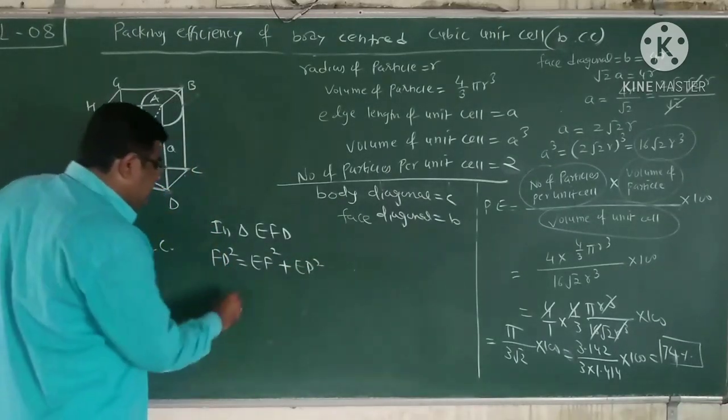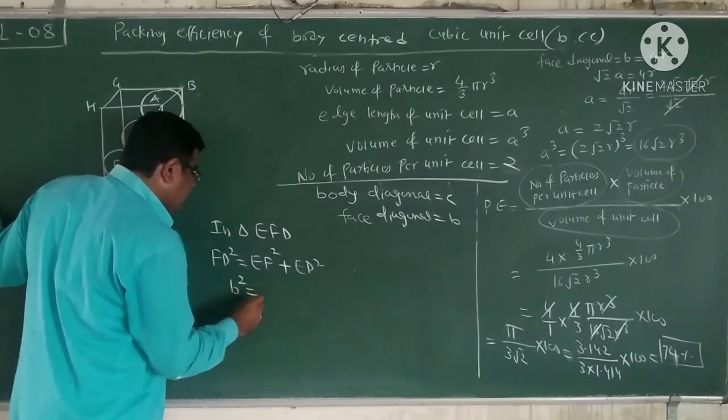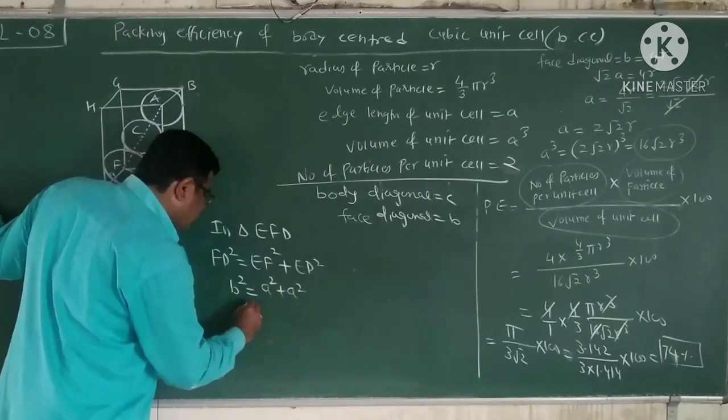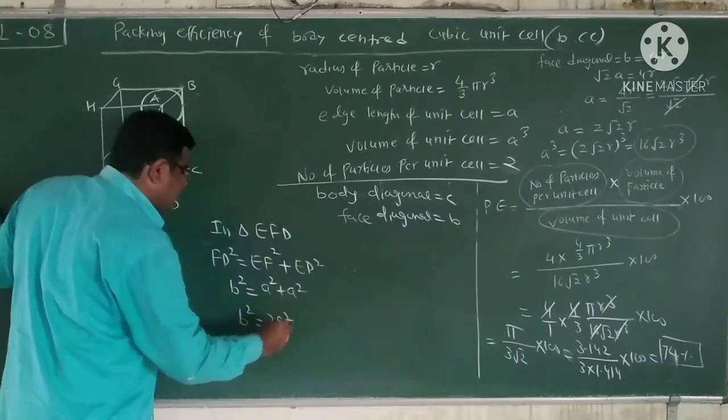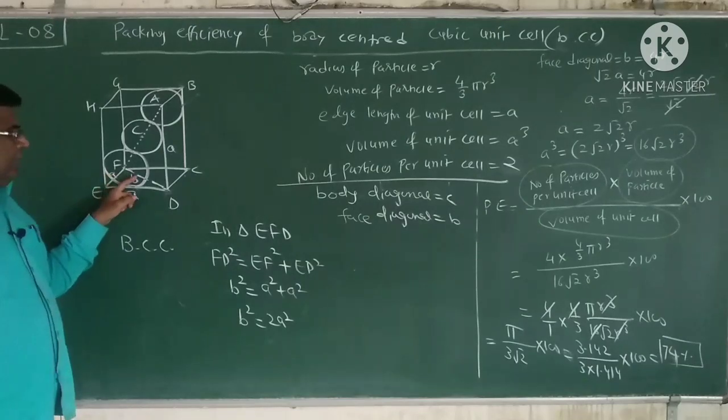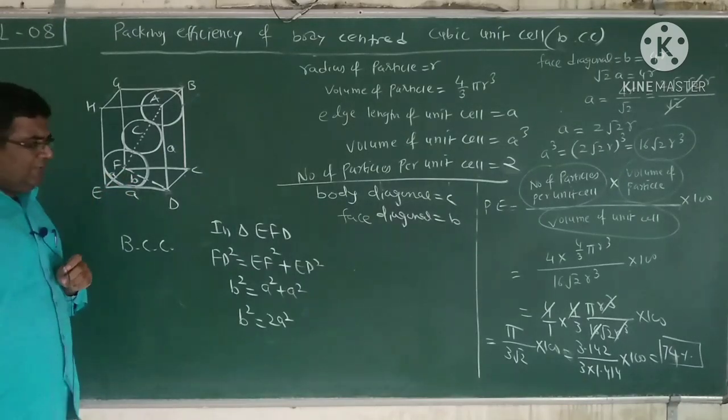FD square is B square, EF square is A square and ED square is A square. So B square is equal to 2A square. This is the value of B square we are getting using the Pythagoras theorem.